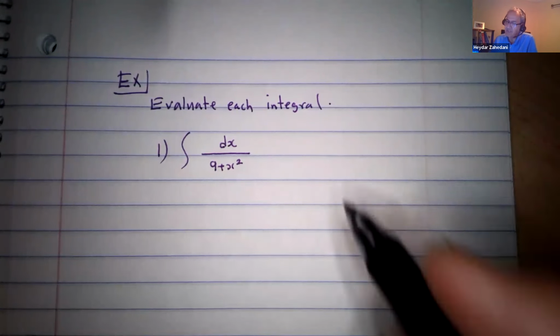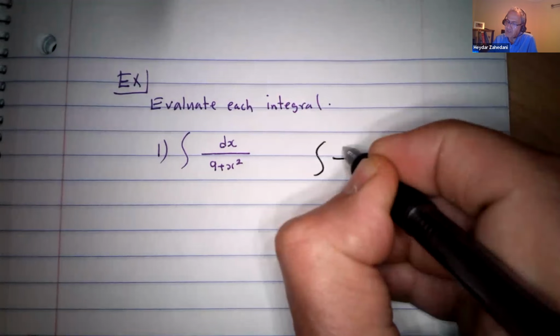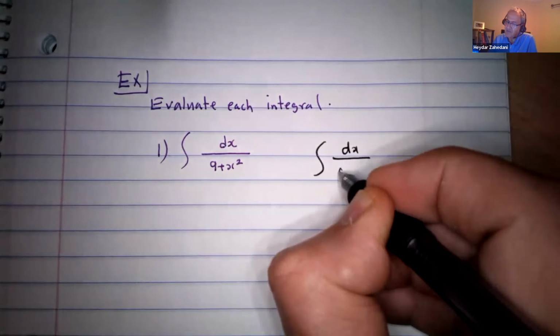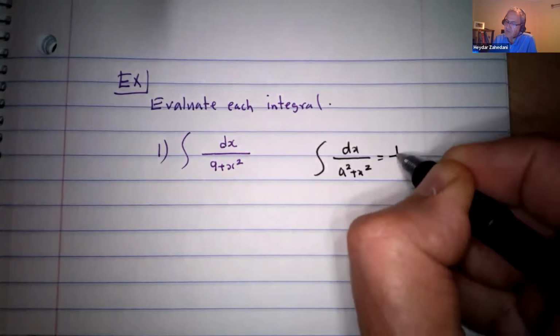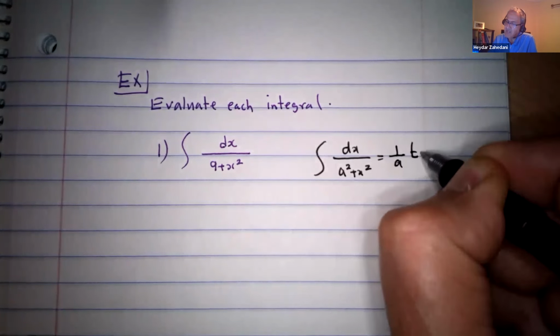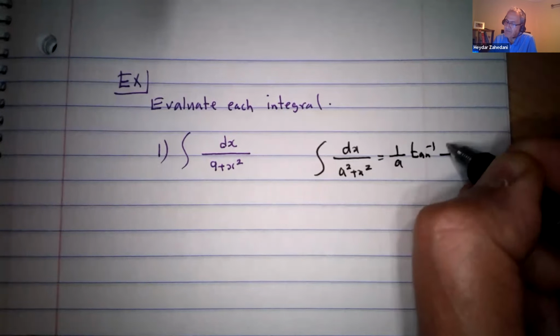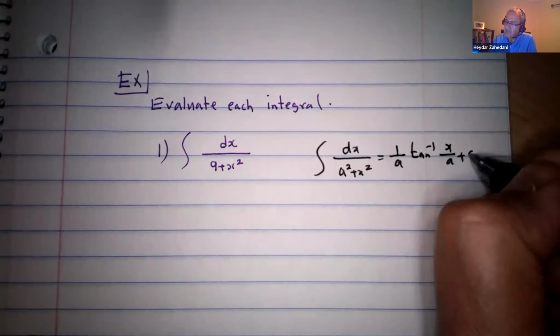Just to remind you of the formula: the integral of dx over a squared plus x squared is 1 over a tan inverse of x over a plus c. That's your formula.